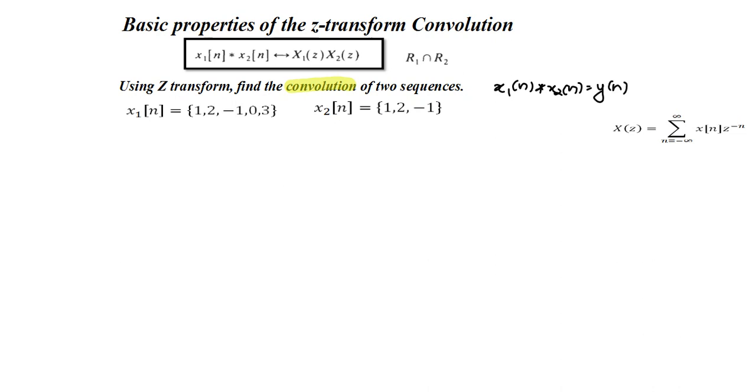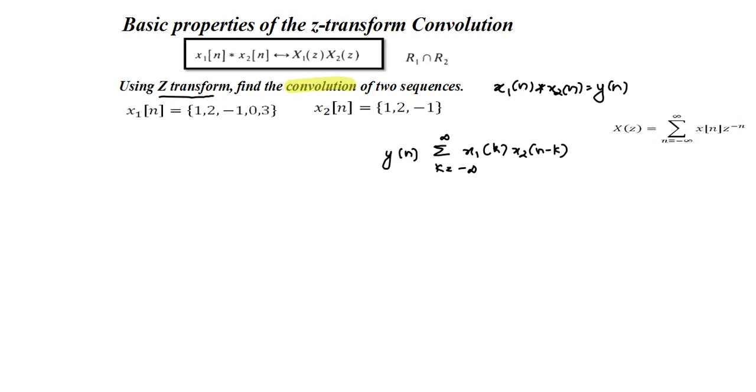In the time domain we can perform this using the convolution formula: sigma k equal to minus infinity to infinity x1 of k into x2 of n minus k. In this way you can find y of n, but instead of that we need to apply the z transform.